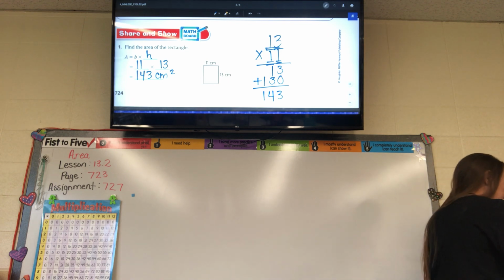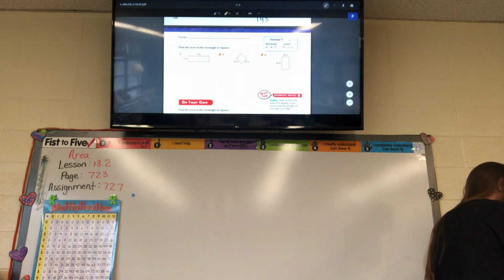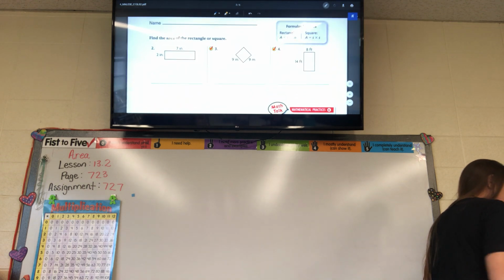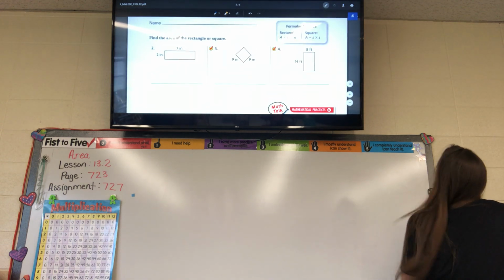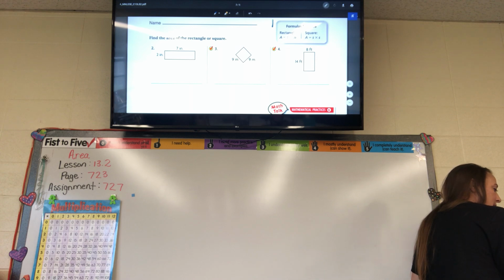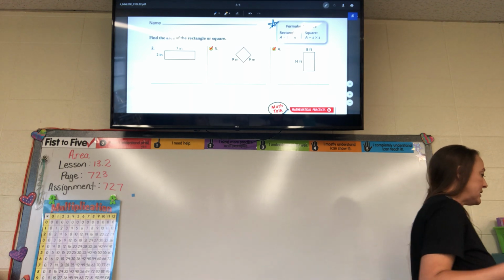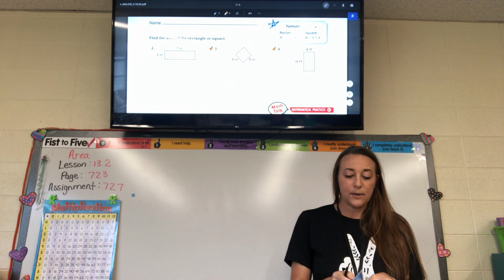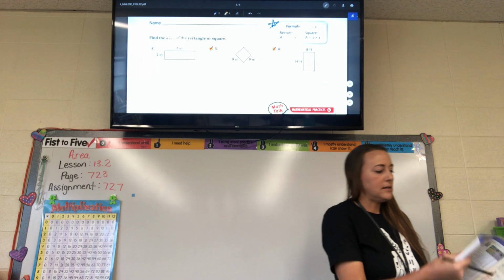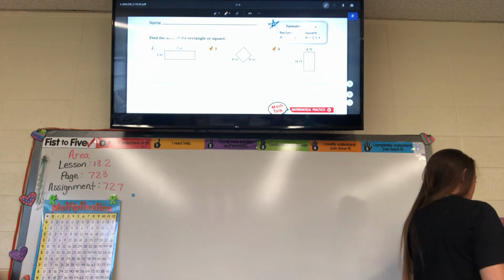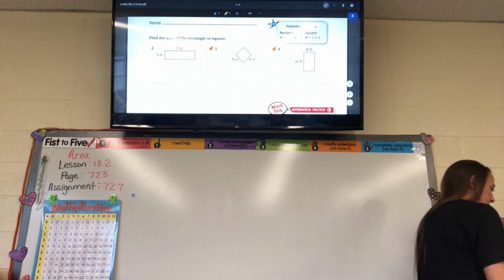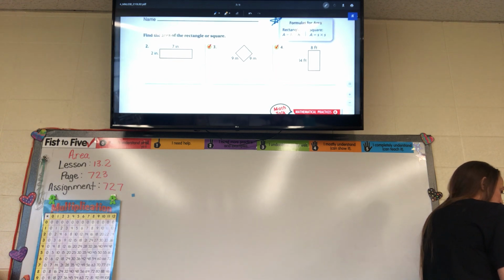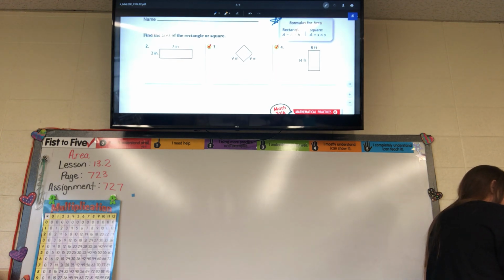All right. Next page. Last page we're doing together. They've given us our formulas up here at the top right-hand corner, the formulas we're going to use for a rectangle and for a square. Let's start with number 2. Area equals, this is a rectangle, so base times height.